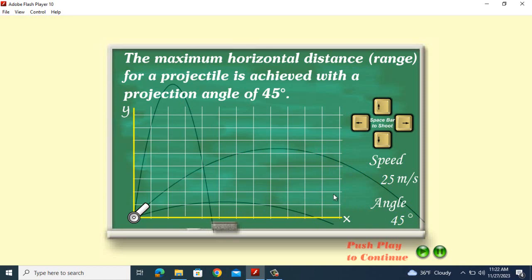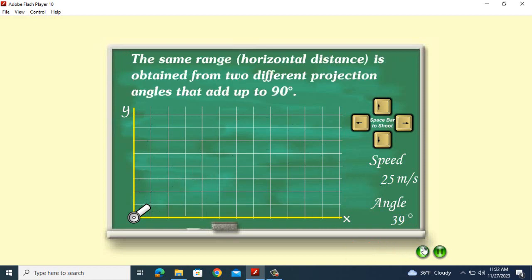And they can play with it. They can play with these angles, all different numbers. Sometimes the kids just sit there and keep doing this until the board is all doodled up. Oh, and then we talk about the range being the same for angles that add up to 90 degrees.